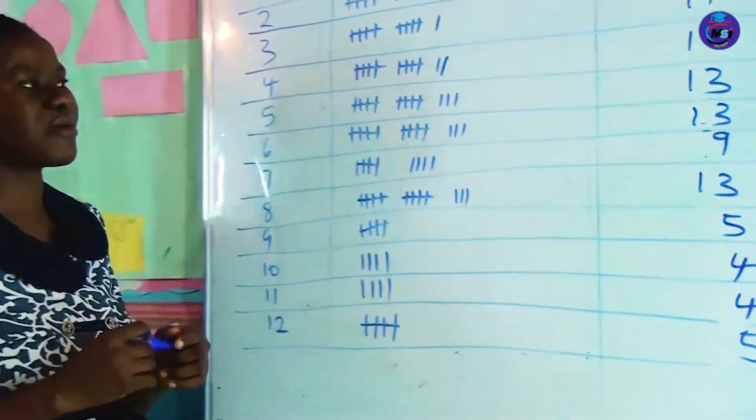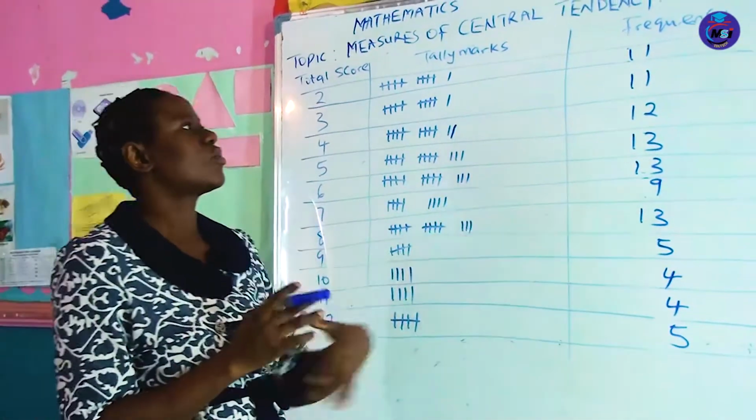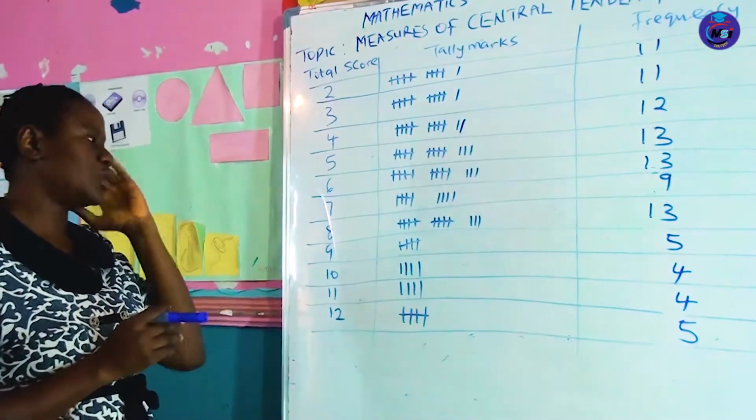So we've succeeded in representing this in tally marks, and we've written out the frequency. If you add this up, we should get 100.